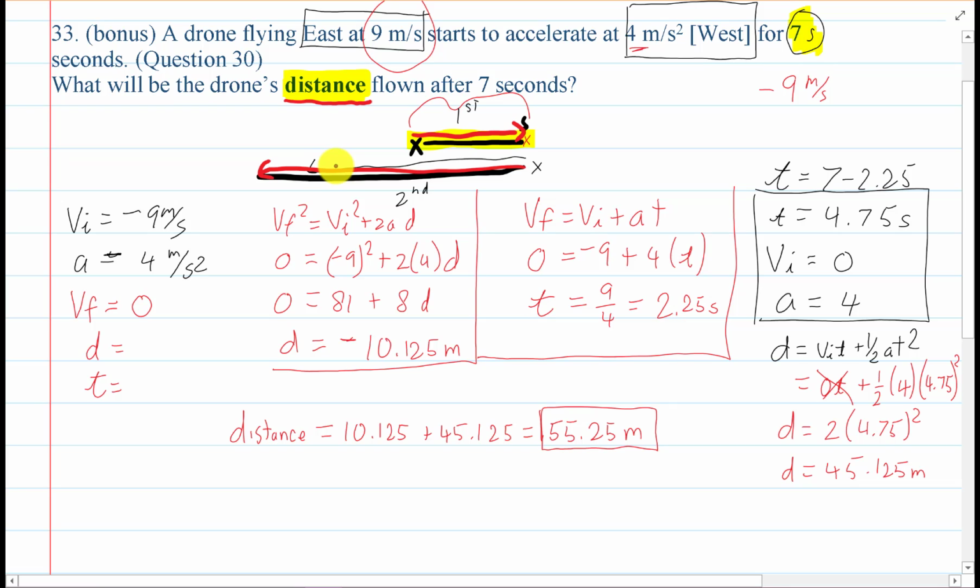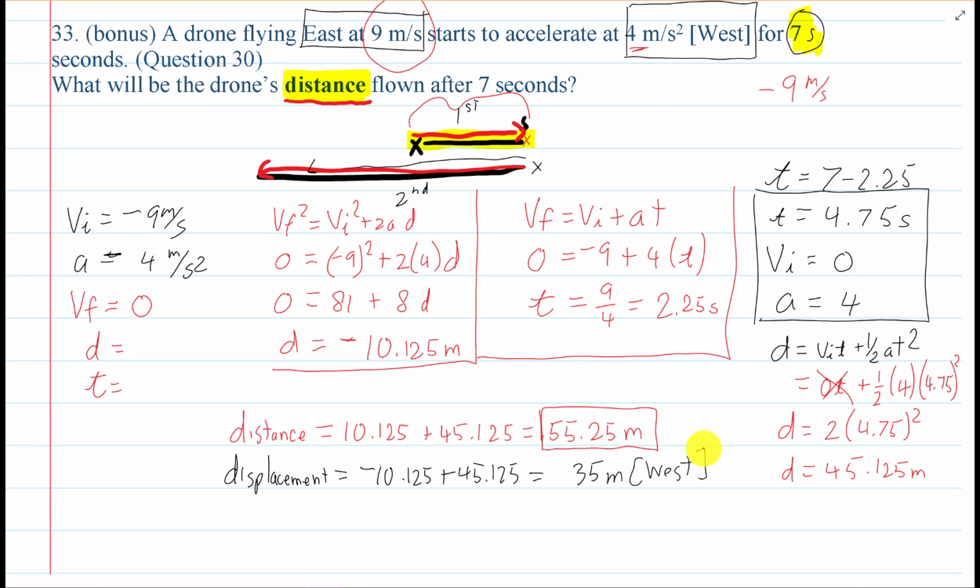So displacement is negative 10.125 plus 45.125. And that equals 35 meters to the west. That's so cool. We've solved 33 and 30 just by looking at it this way.